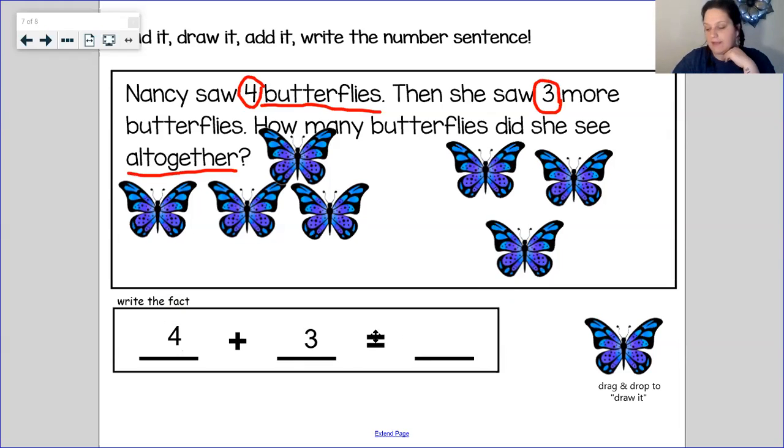And this equal sign means we're going to put them all together and see how many it is when you put 4 butterflies and 3 butterflies together. 1, 2, 3, 4, 5, 6, 7. So 4 butterflies and 3 more butterflies equals 7 butterflies.